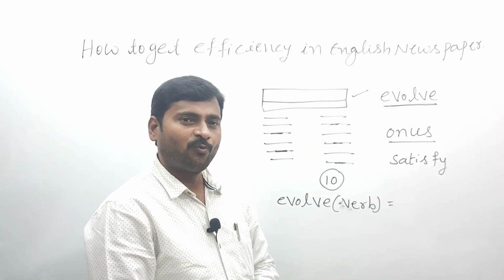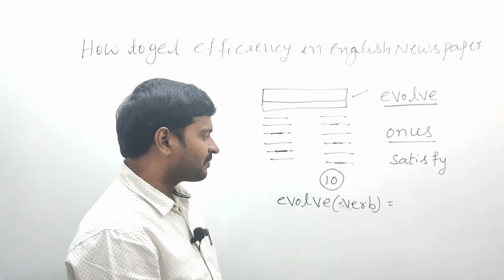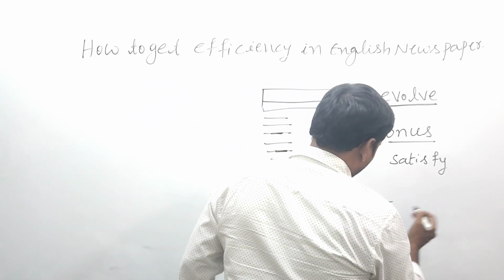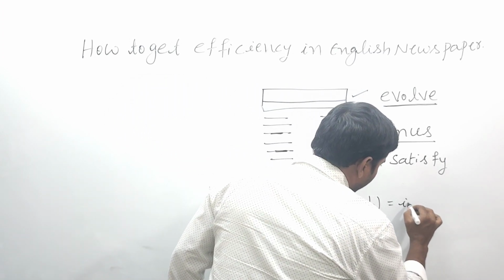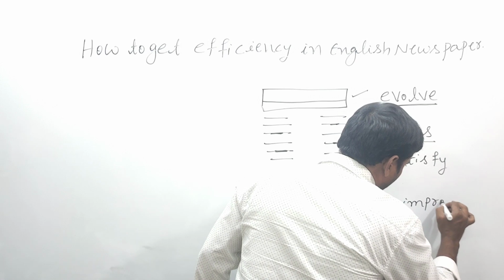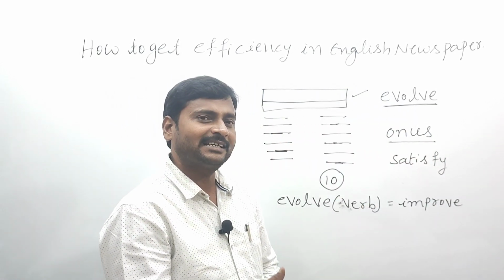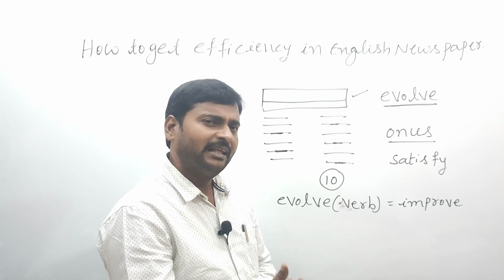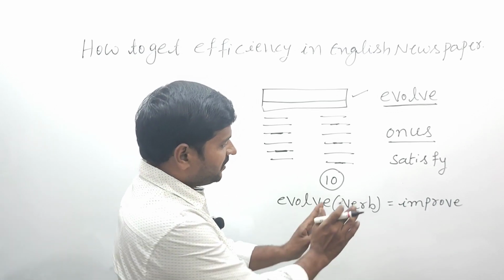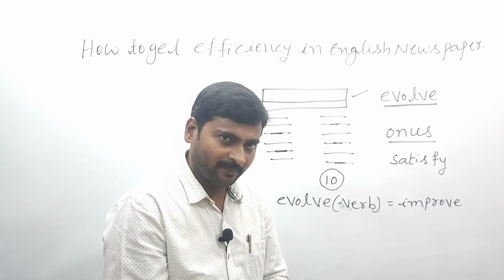Evolve is a verb. When it is a verb, you identify the meaning, for example improve. Evolve means develop, enhance, enrich, whatever it is. You write down the actual meaning.